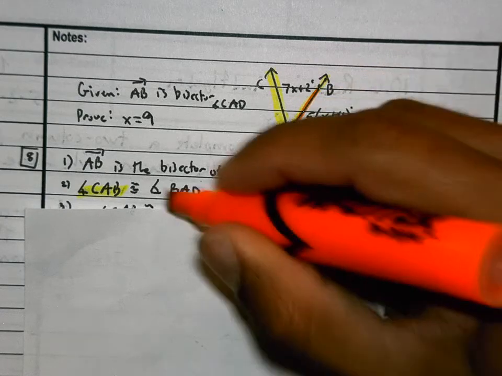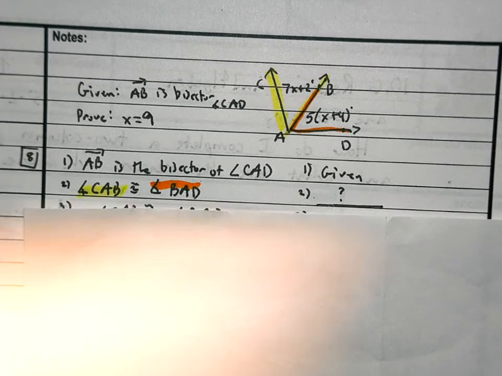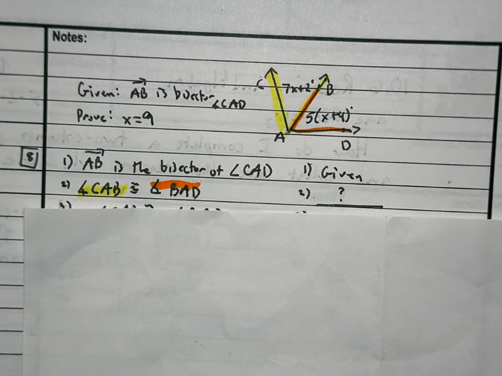They are congruent to each other. Why do we know that? Because the bisector splits it into 2. Ooh, you're getting so much closer. He said because the bisector splits it into 2. Segment bisection property? Angle bisection property of equality? No.